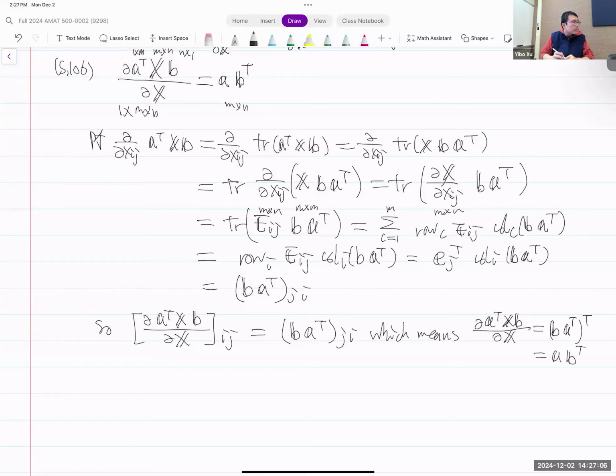Question? So of course, for that homework question I just mentioned, this process is still true. So yeah, just realize that it's something like this. Okay. So for the trace of x times a, that's something like this.